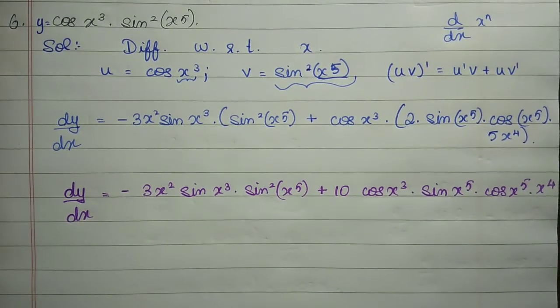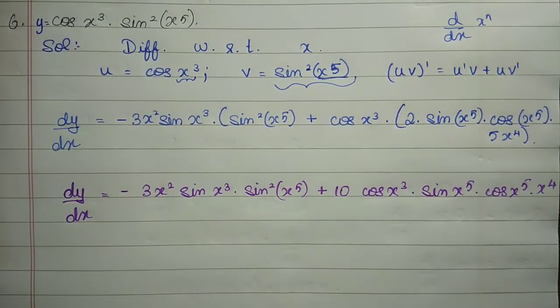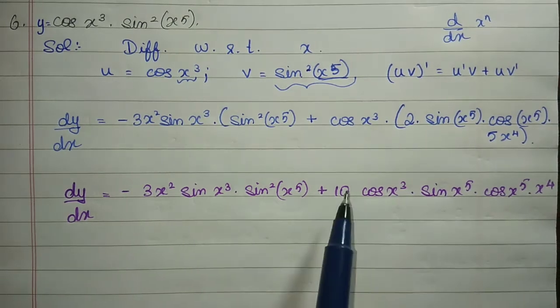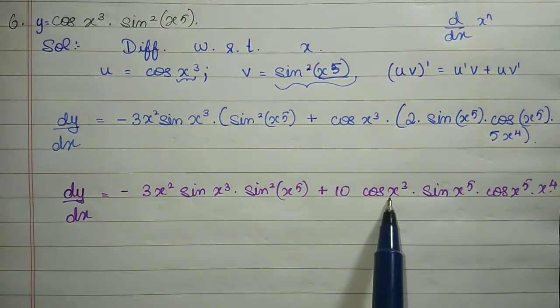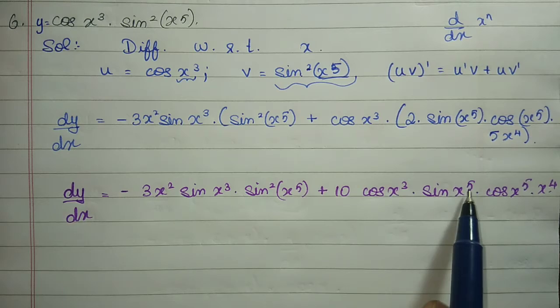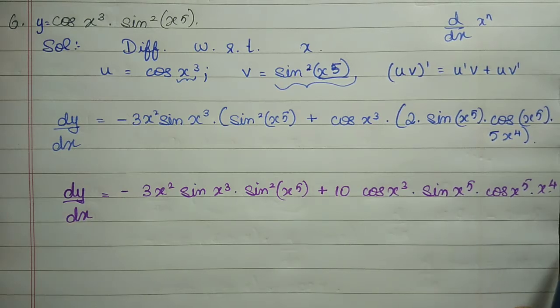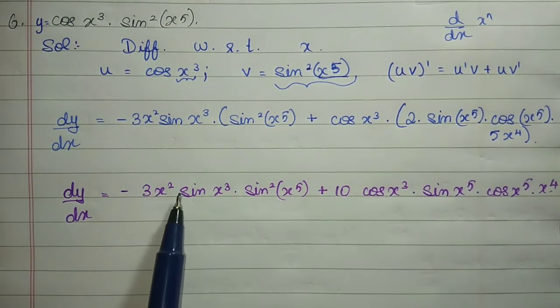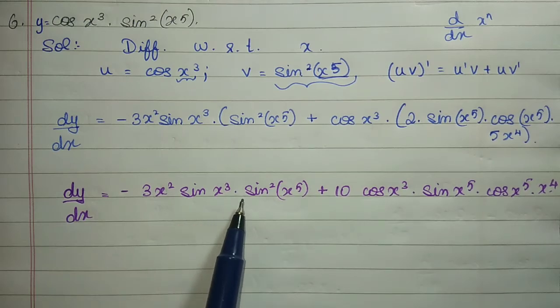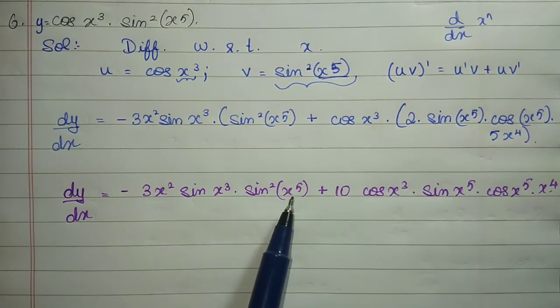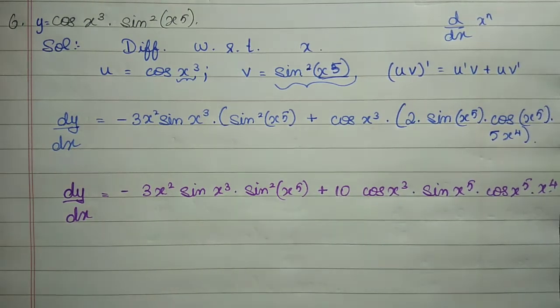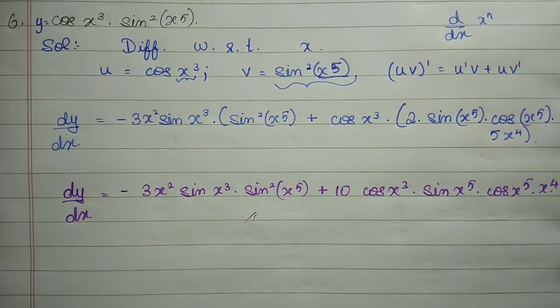This is your answer. If you want, you can rewrite it as 10x power 4 into cos x cube into sine x power 5 into cos x power 5 minus 3x square into sine x cube into sine square x power 5. You can write like this also, or if you just leave it as it is, that's okay.